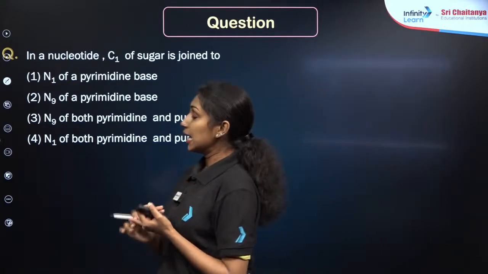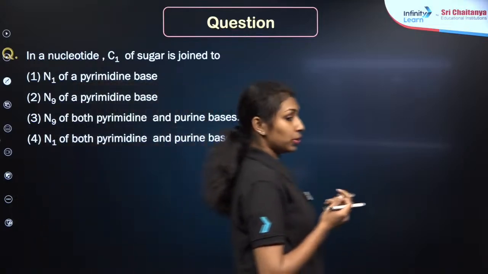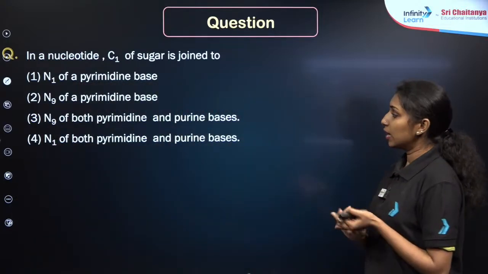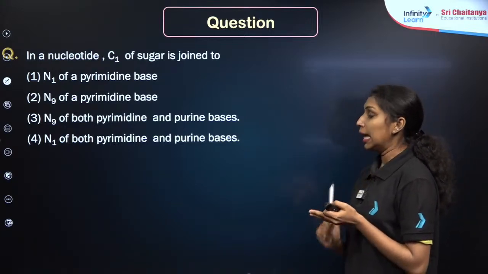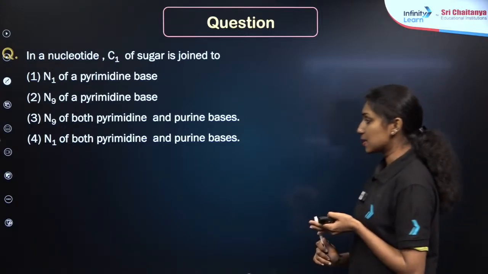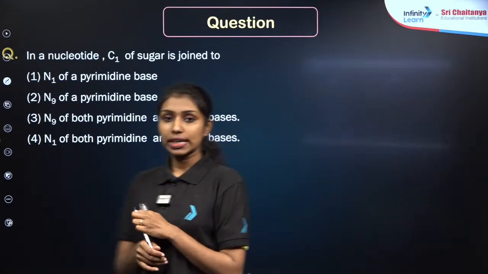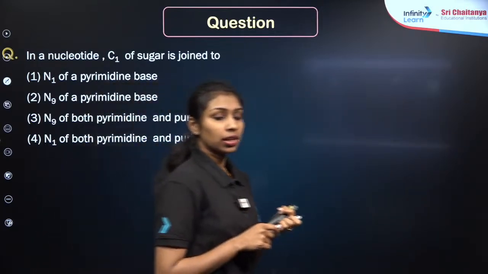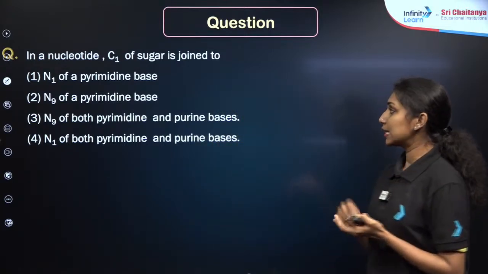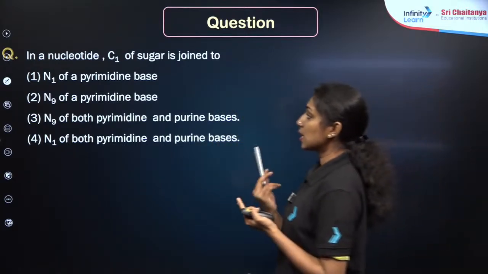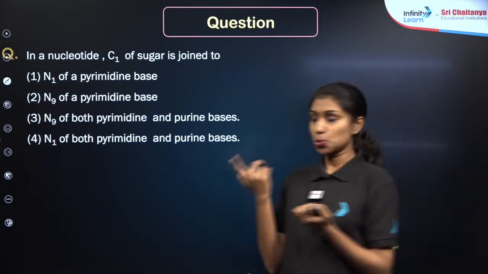Here is the next question. In a nucleotide, the C1 of sugar is joined to N1 of a pyrimidine base, or N9 of a pyrimidine base, N9 of both pyrimidine and purine bases, or N1 of both pyrimidine and purine bases. We have already seen that there is a glycosidic linkage between the nitrogenous base and sugar.